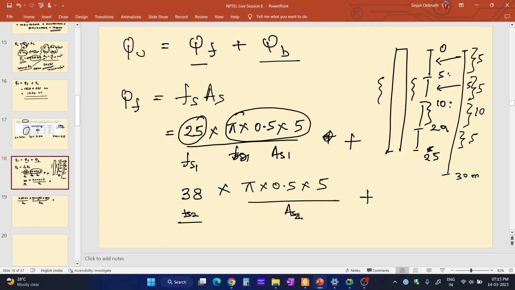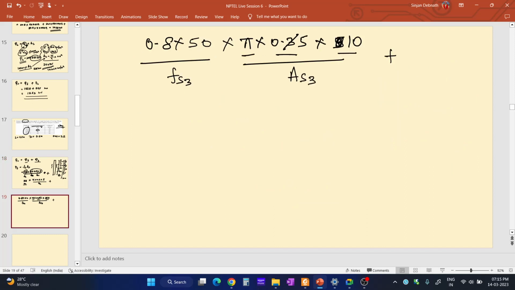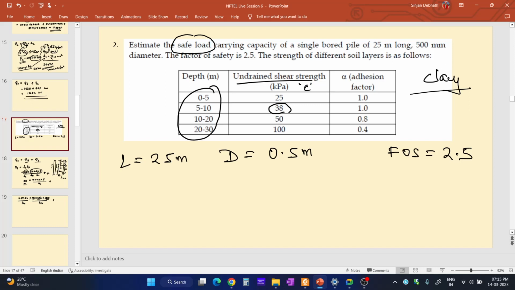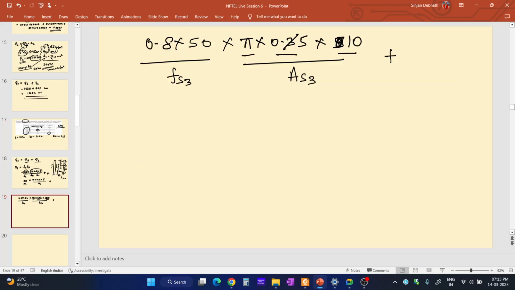After that, we need to find out the skin friction along the last portion, the fourth portion, from 20 meter depth to 25 meter depth. So Fs4 and As4 we need to find out. Fs4 means alpha into C, where alpha is 0.4 and C is 100.